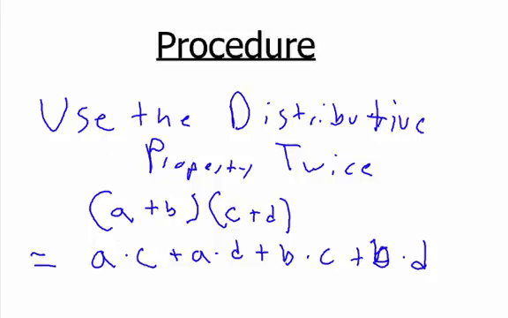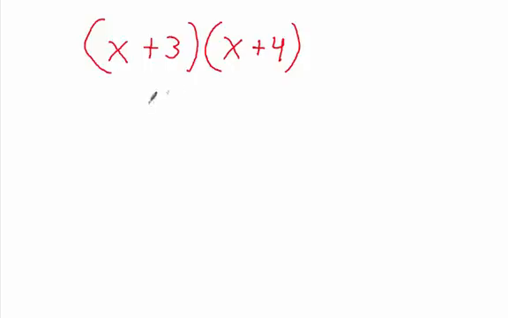So let's do an example to show how this works. We're going to multiply x plus 3 times x plus 4. So, like we just said, we're going to use the distributive property twice. First, we're going to take x. We're going to multiply it by everything in our second binomial. So we're going to say x times x.